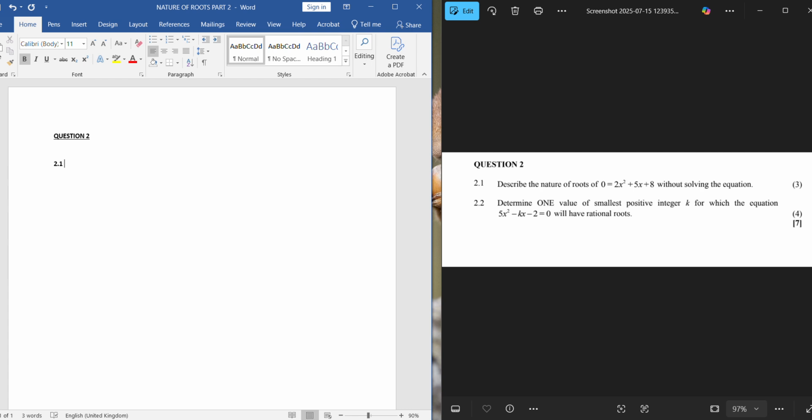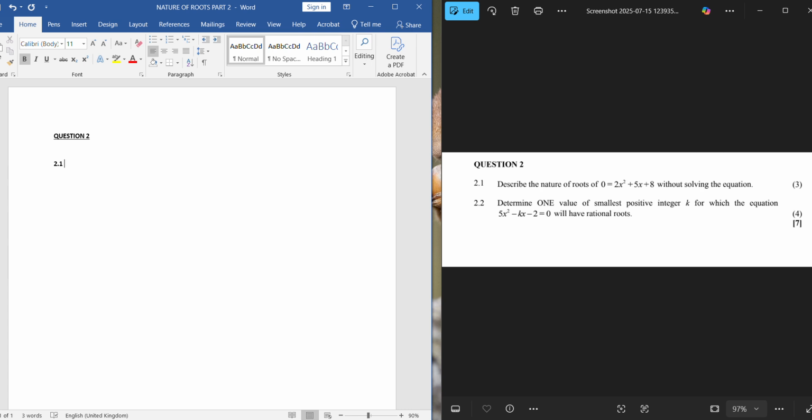It says, describe the nature of roots of 0 equals 2x squared plus 5x plus 8, without solving the equation. Let me explain that last part.